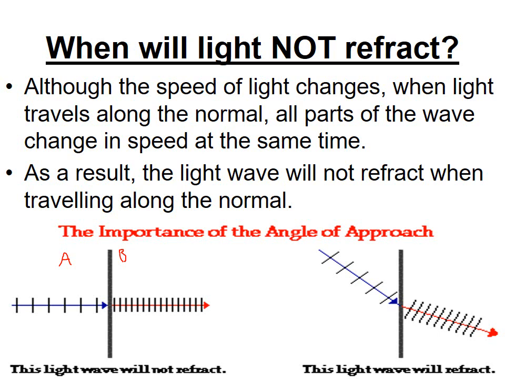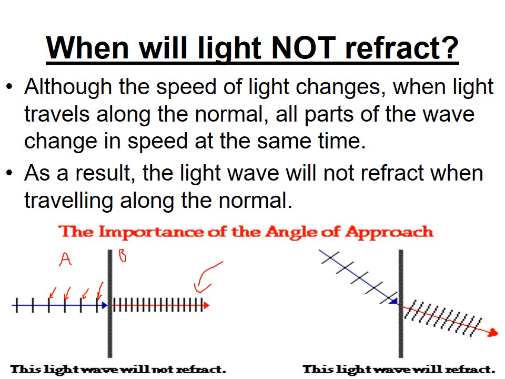In this case, yes, the speed of light will change, but because the light ray is along the normal, all these waves over here are going to enter the second medium at the same time. So you're not going to have part of the wave enter first and then the other part enter after and cause it to swing around. Rather, all of them are going to enter at the same time. And so they won't have the opportunity to swing from one side to the other. And as a result, you won't see any refraction in that scenario.